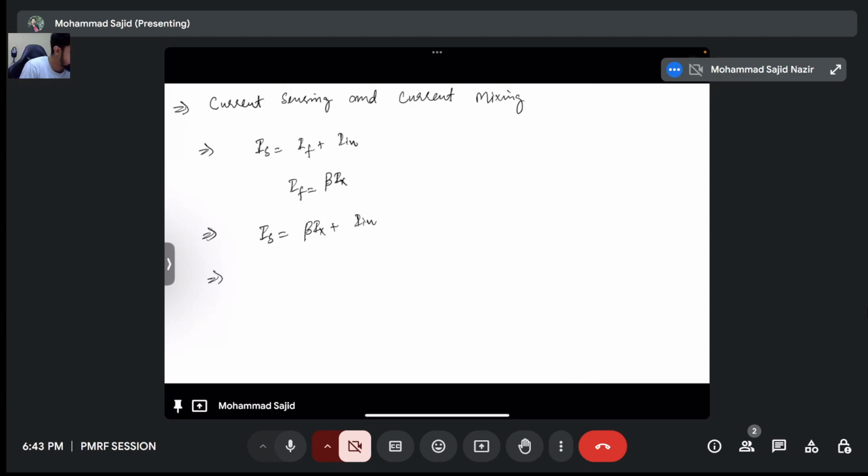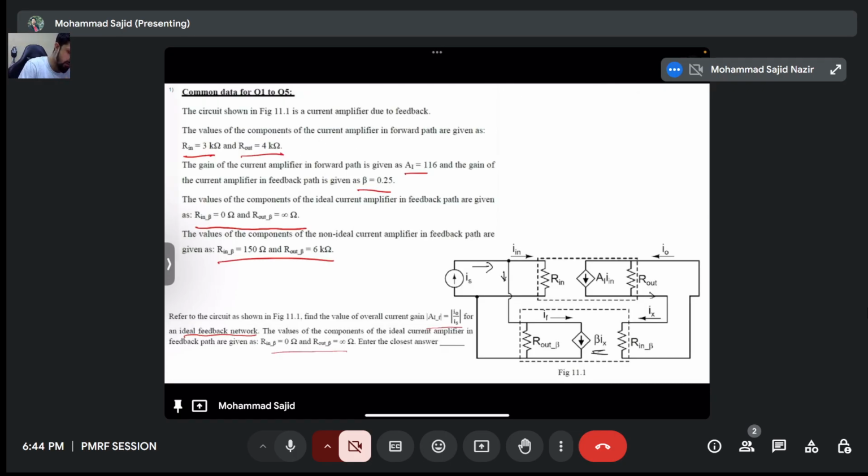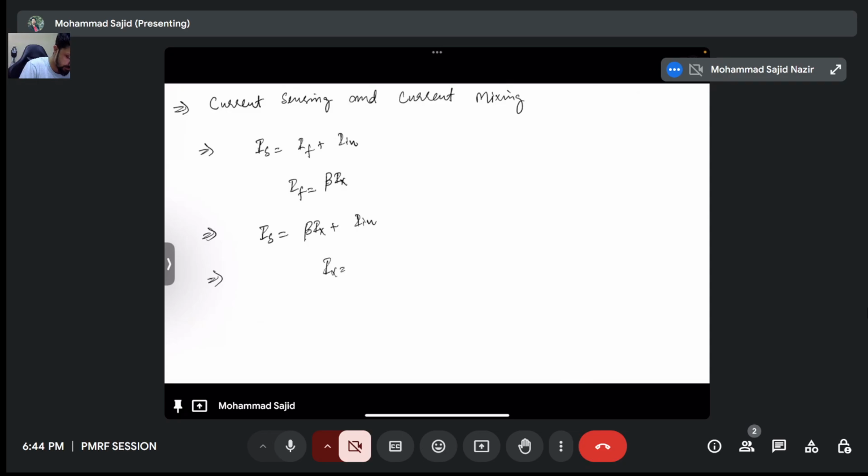And since R out beta is infinity, Ix is simply I naught. This implies Is is beta times I naught plus In.